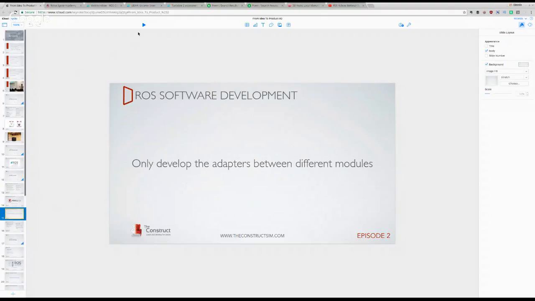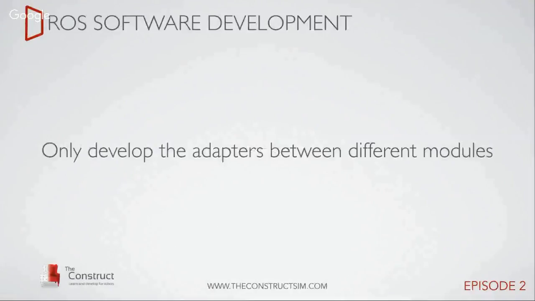Once you have selected the ROS packages that you need, and you know how to launch and run them, then you may need to adapt. You may need to create small modules of software in order to adapt the generic solution that ROS provides to your specific solution.